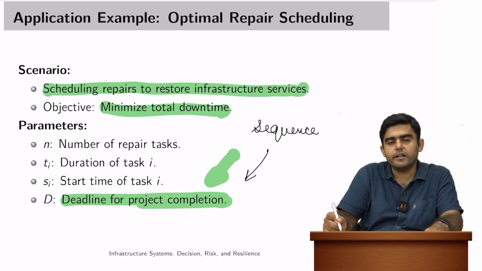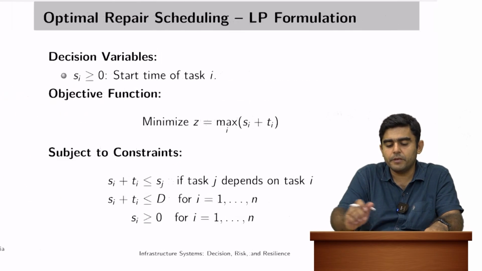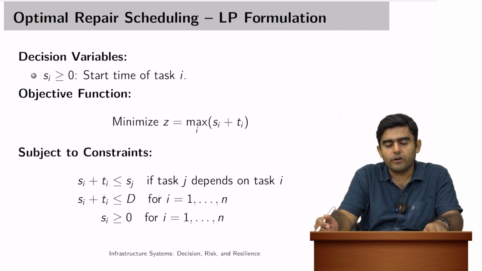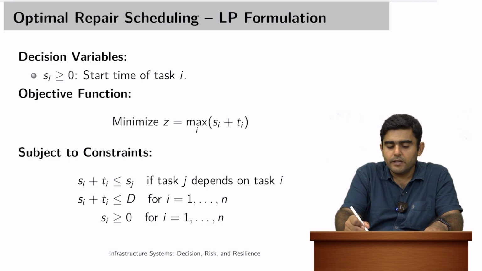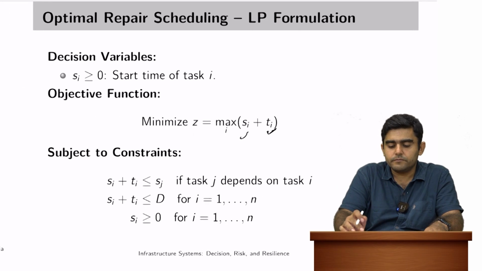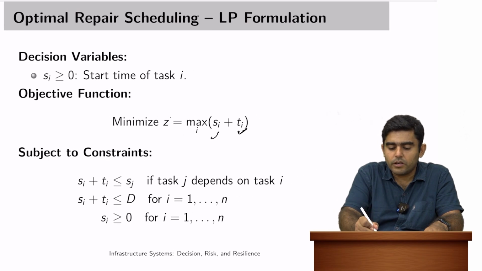So how we can write a very simple linear programming problem for these kinds of tasks is that we would like to minimize Si plus Ti, that is, the overall time should be minimized.